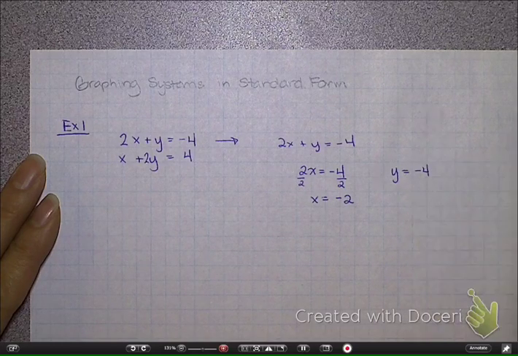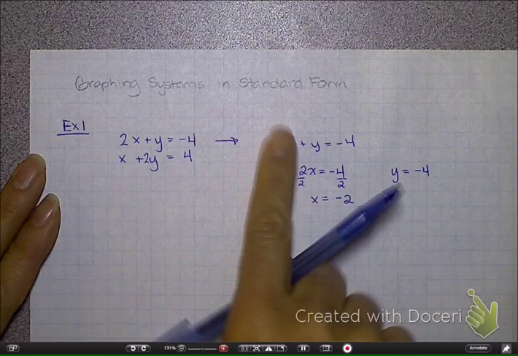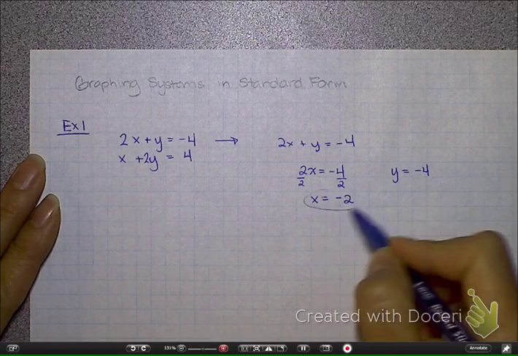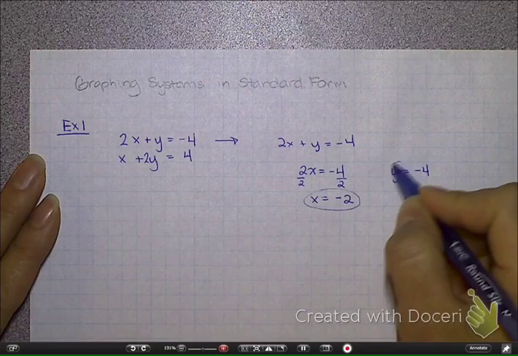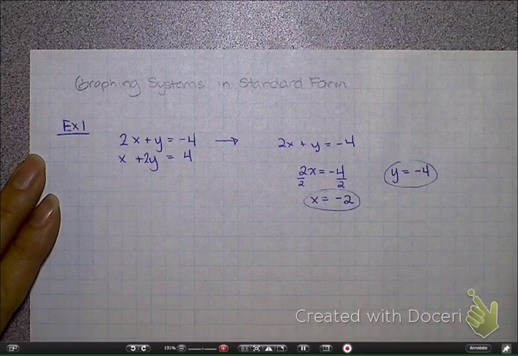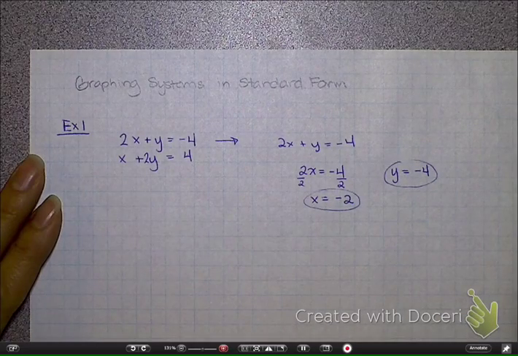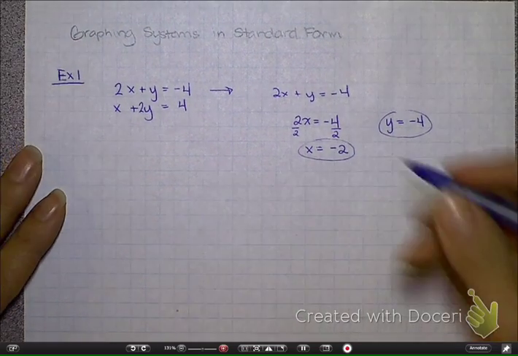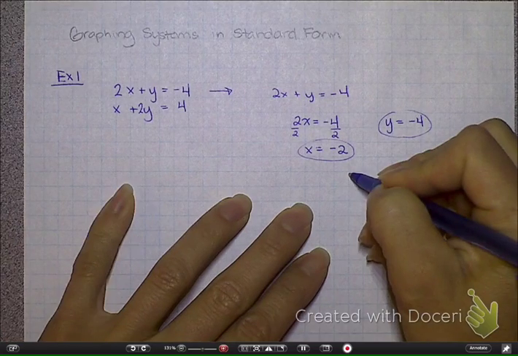So what do we get? We just get y equals -4, right? So here I have my 2 intercepts, right? I have my x-intercept and I have my y-intercept, okay? So let's go ahead and I can draw a graph to help me graph those 2 intercepts.